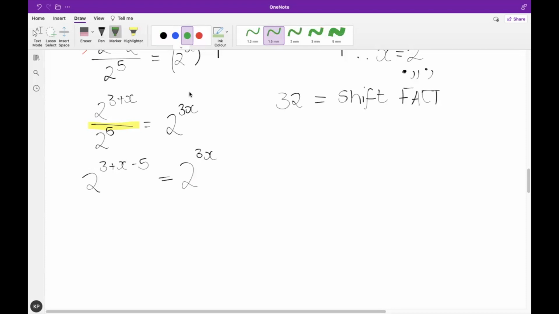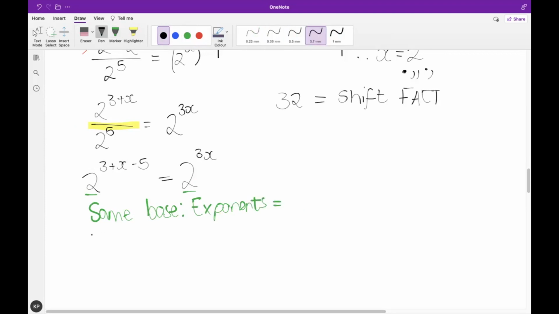Would you look at that, guys? We have the same base, 2, 2. Same base means exponents are equal. Okay. I'm going to write it here. Same base, exponents equal. So that means 3 plus x minus 5 is equal to 3x.